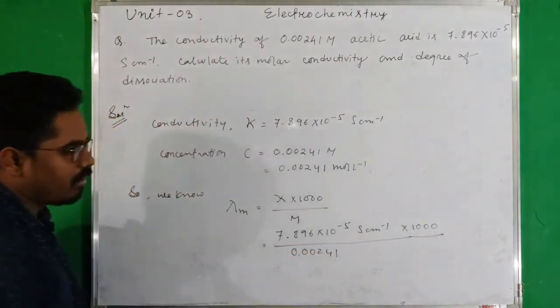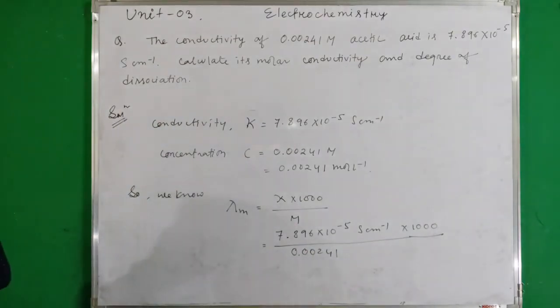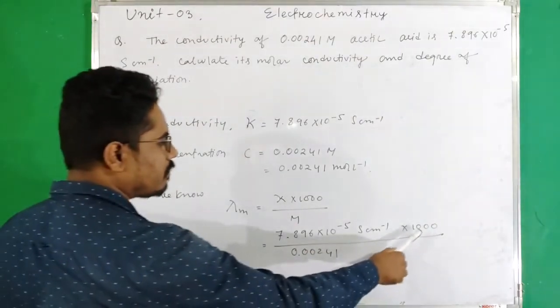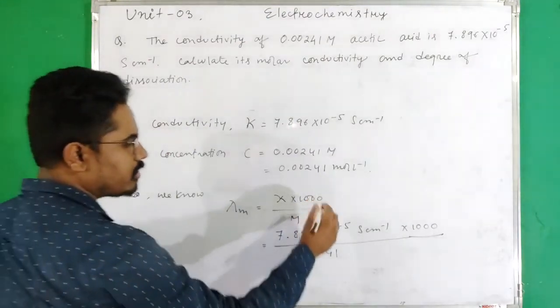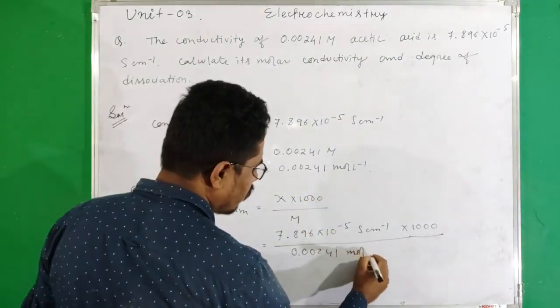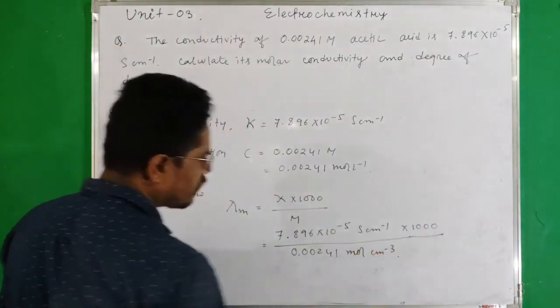In our last class we discussed that when we multiply by 1000, the unit changes to mole per centimeter cube.